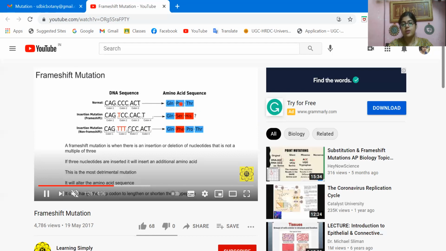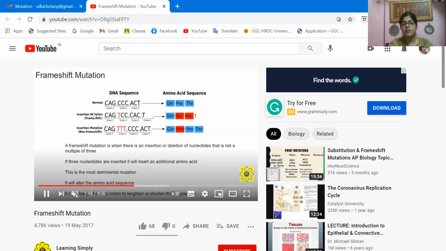Here, interestingly, three bases have been inserted, and three bases will create one new codon. So a new amino acid, phenylalanine, has been inserted here, but the frame of the DNA will be similar, so they produce similar amino acids to the normal one.